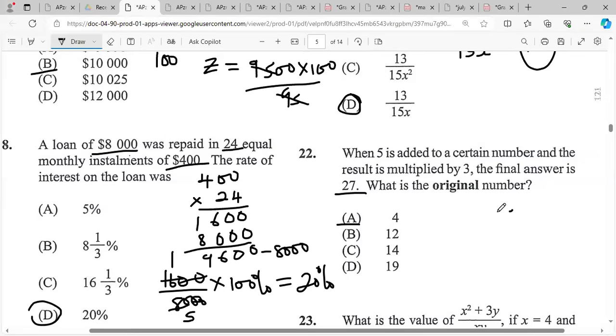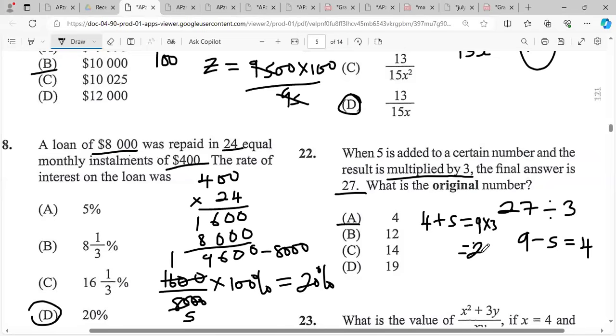It's multiplied by 3, so I divide by 3, which gives us 9. And then 5 is added to a certain number, so minus 5, we have to do the opposite, which gives 4. To check, 4 plus 5 gives you 9, and then times 3, I get back 27.